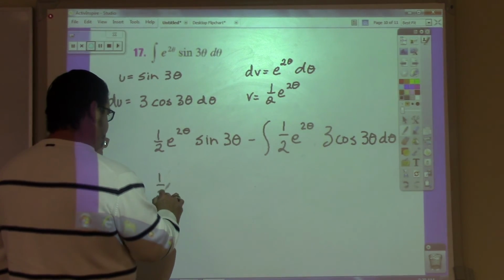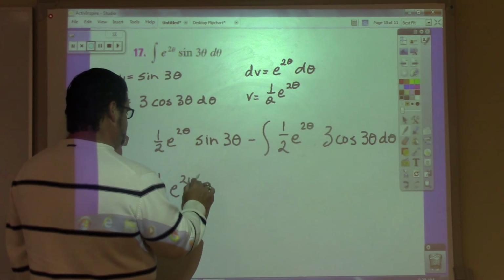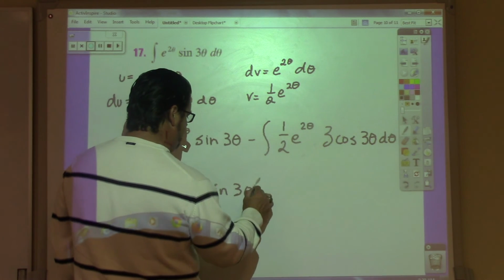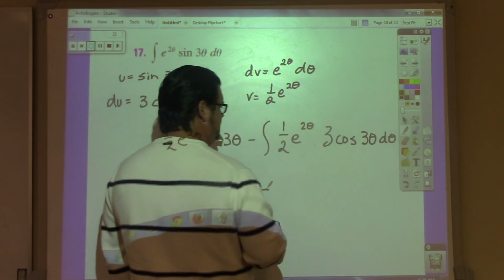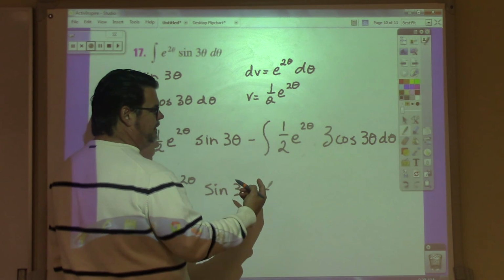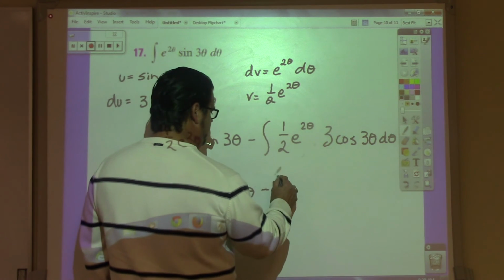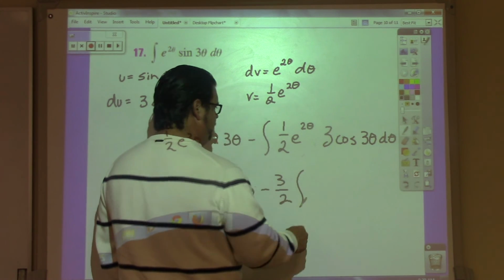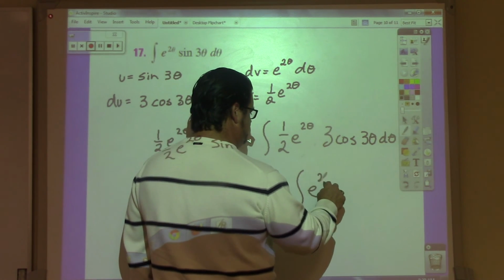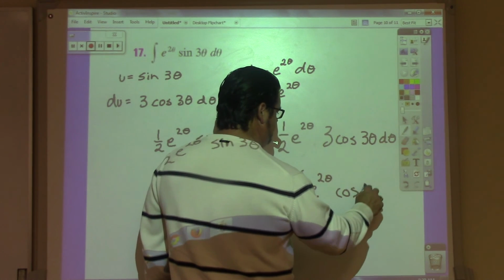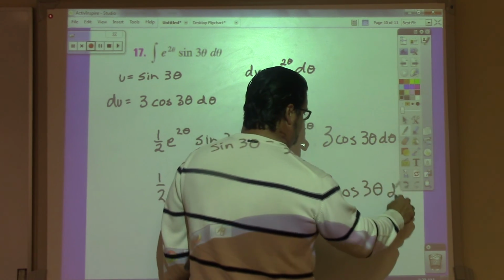So 1/2 e to the 2 theta sine of 3 theta minus, we could pull out the 1/2 and the 3, right? Yes. Cosine 3 theta d theta.